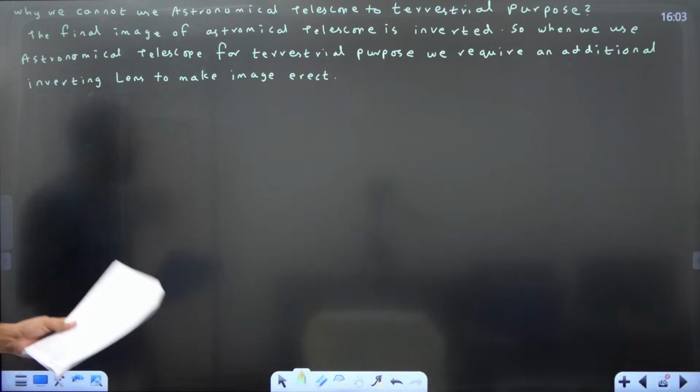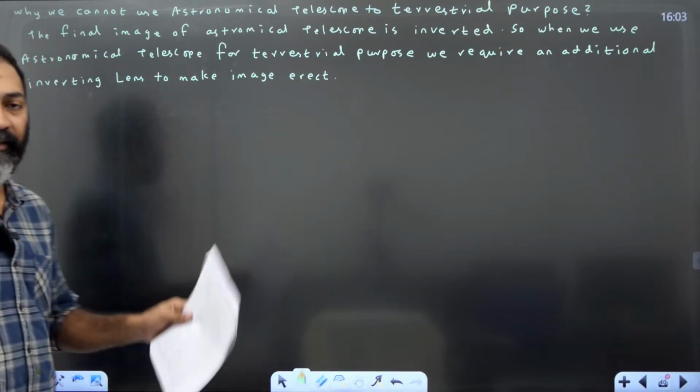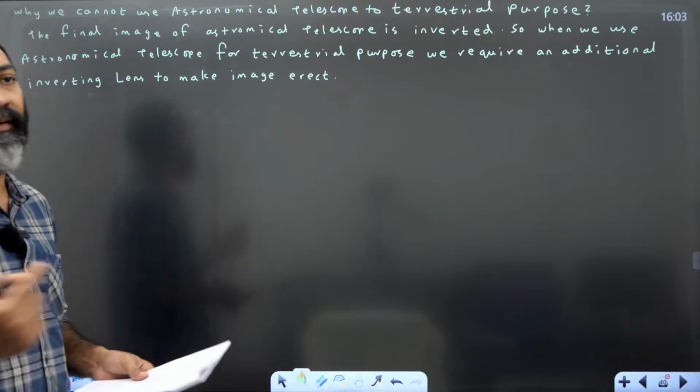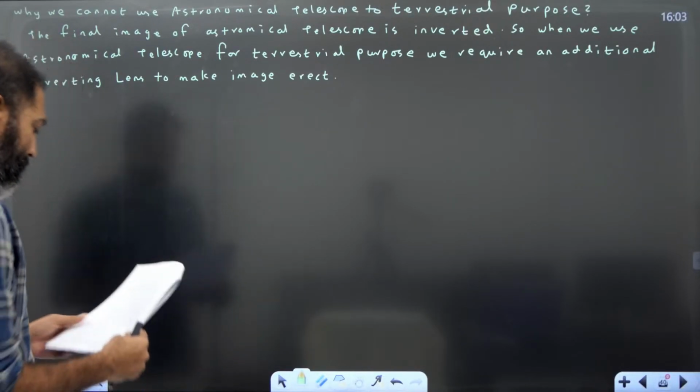So the final image of an astronomical telescope is what? Inverted. So we have to use an additional inverting lens to make the image erect.